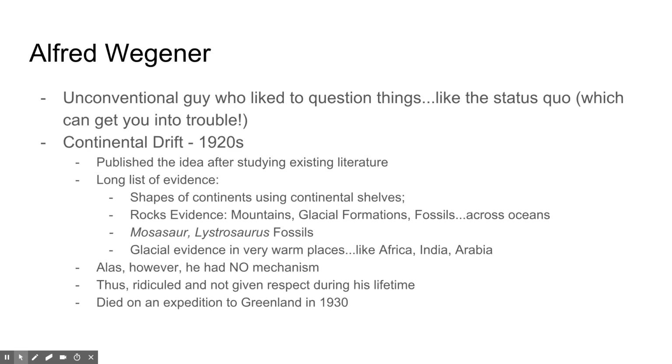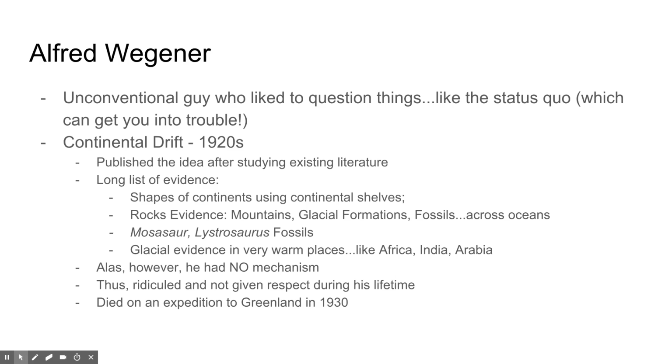So anyway, in the 19-teens and 20s, the idea of continental drift was finally put together. He published the idea after studying existing literature, had a long list of evidence, including the shapes of the continents, but also including a variety of rock evidence, mountains, glacial formations, fossils, all from both sides of the ocean that were similar.